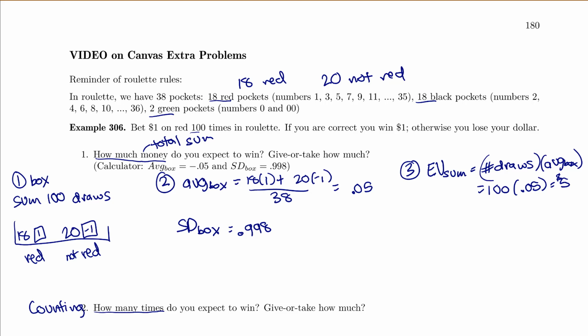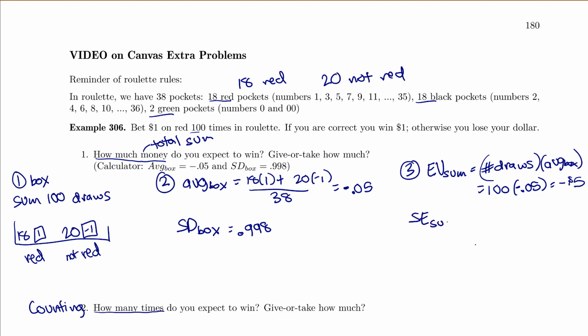Oh, no. What did I do wrong? The average of my box, if I put that in my calculator correctly, is -0.05. So 100 times -0.05 gives me -$5, which makes a lot more sense. If you're at the casino, you should be expecting to lose as your expected value. The casino doesn't have games where they don't expect to win overall.